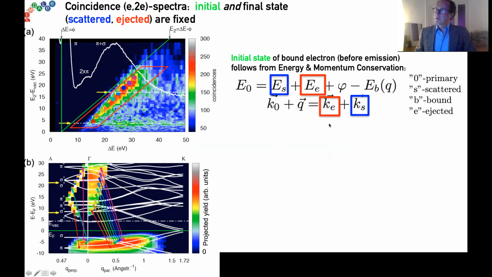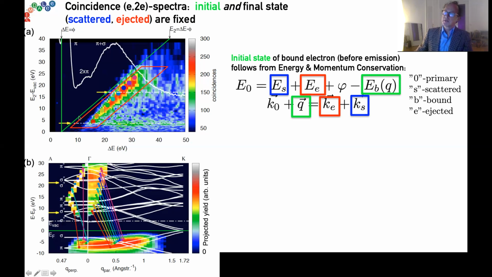We measure the energy and the momentum of the ejected electron. And since we know the energy and momentum of the incoming electron, we can reconstruct from this the momentum of the electron before it was emitted from the surface, so in its bound state, and the binding energy at this value of the momentum. And that's what is done here in this slide.